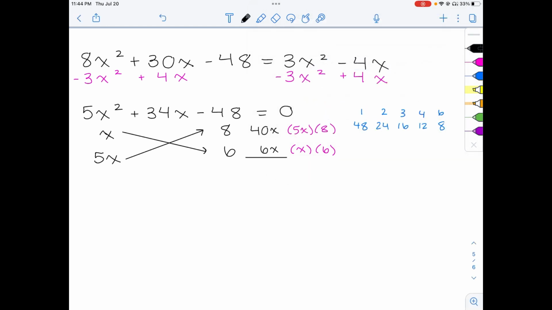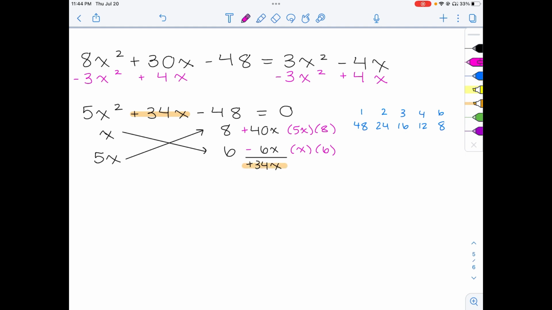I'm trying to see, can I manipulate the signs here to make this equal to positive 34x? My c term there is negative 48, so I know I'm going to have a mix of signs, one positive, one negative. So if I have positive 40x minus 6x, that is going to give me positive 34x, which is a match. That is what I want.